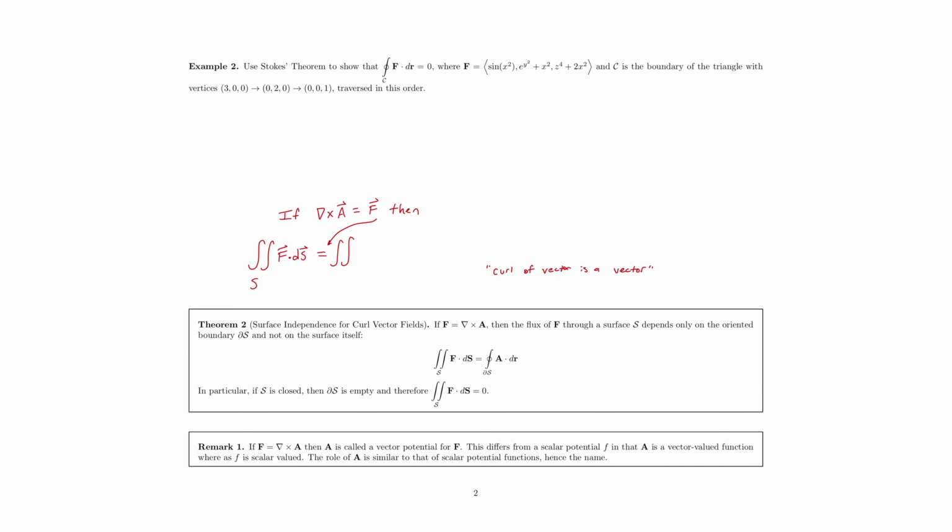This is the same thing as the surface integral of, well, we can just replace F with what F is equal to. F is equal to the curl of some other vector field A.